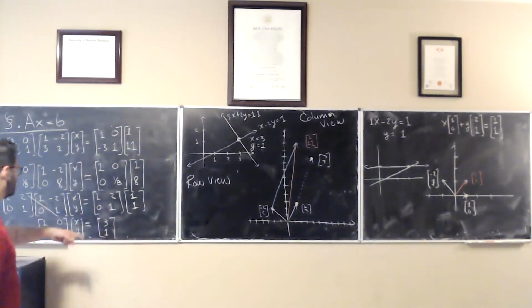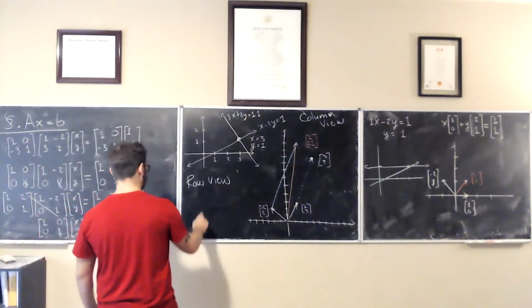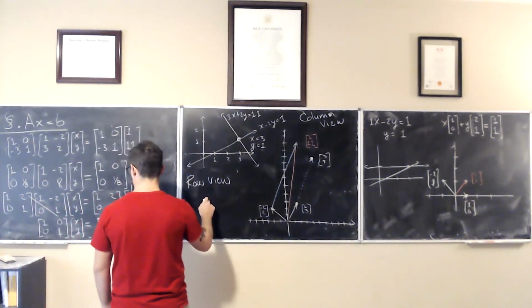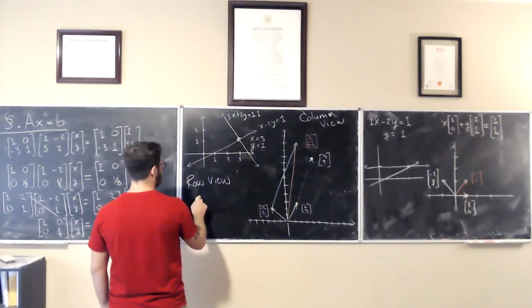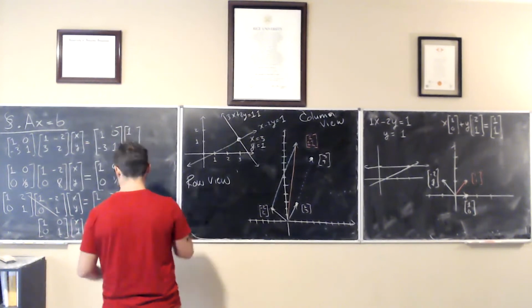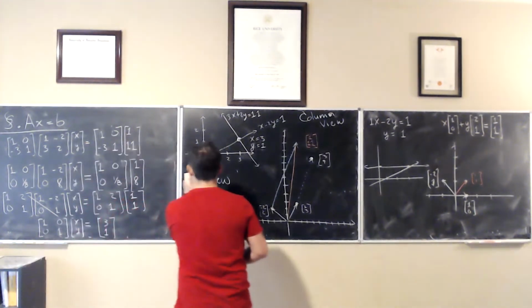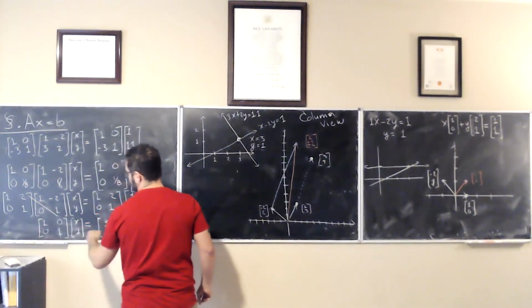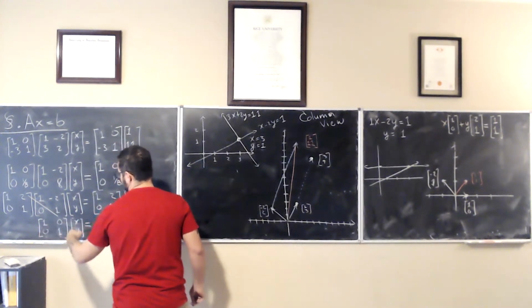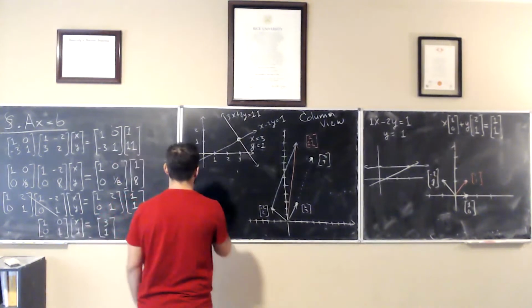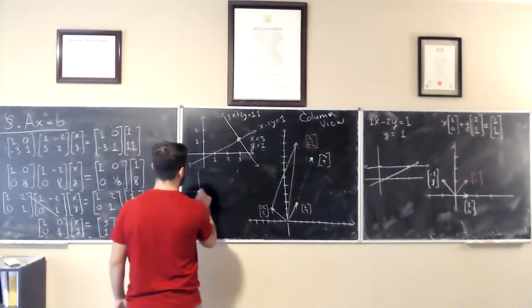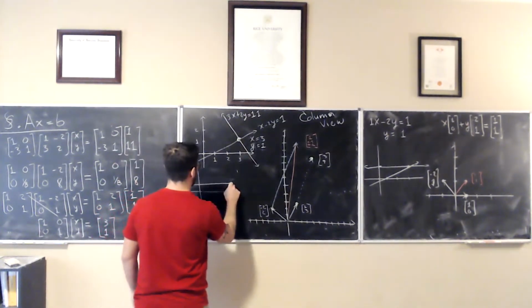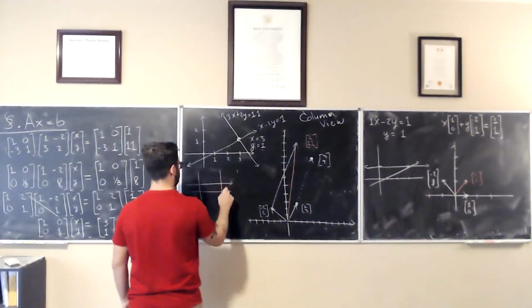And now if you drew this picture, it's really easy. What does this picture look like? For the row picture, it's just x times 1 plus 0 times y is equal to 3, and then x times 0 plus y times 1 is equal to 1. So the row picture just looks like this. Here's y, here's x.